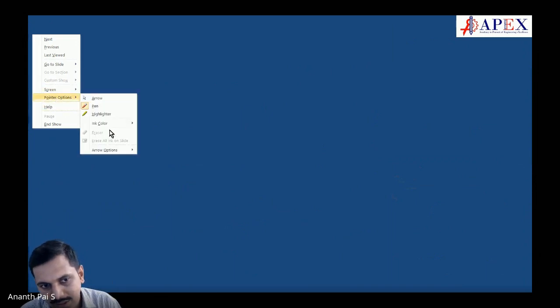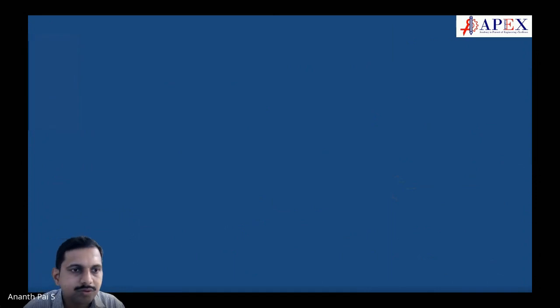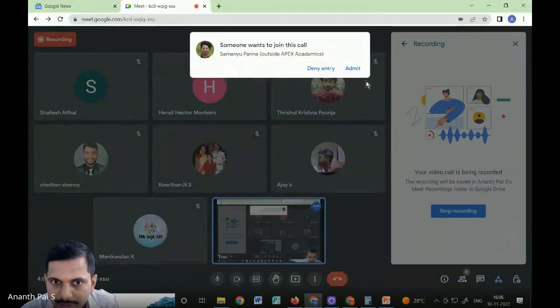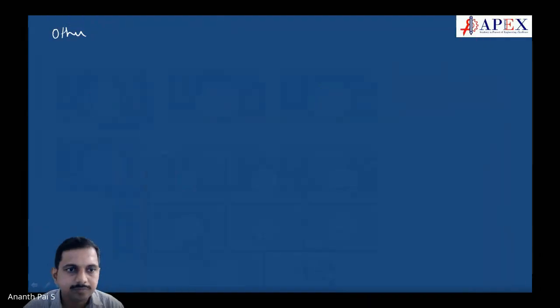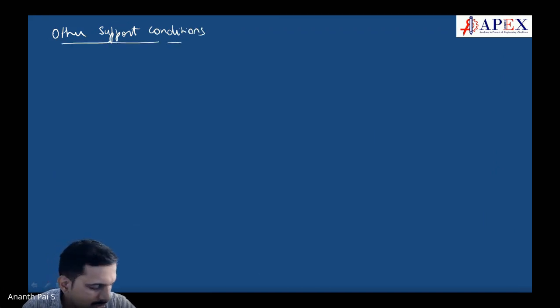When we have to consider other support conditions, one of the main things that comes up is the effective length of the column.